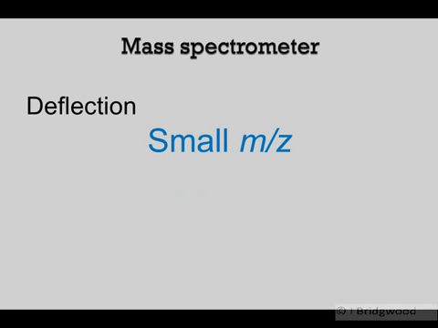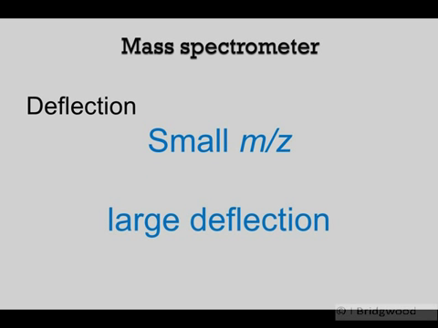So therefore, if you have a small mass to charge ratio, in other words, low mass, big charge, that's going to produce a large deflection. On the other hand, if you have a large mass to charge ratio, in other words, big mass, small charge, you will therefore have a small deflection.